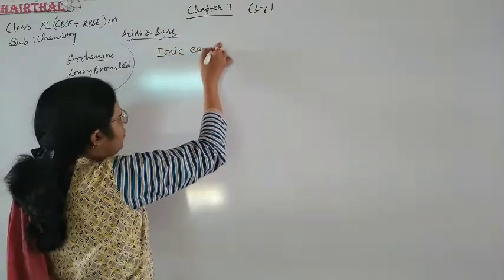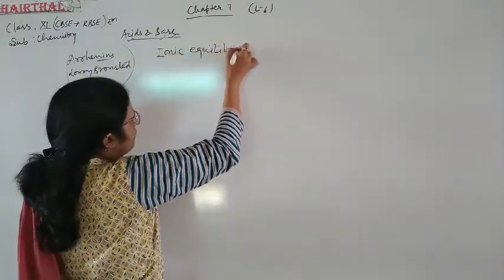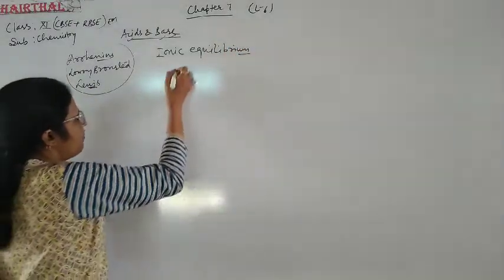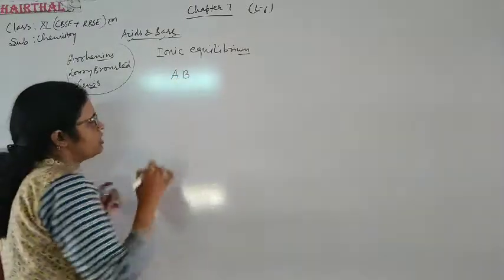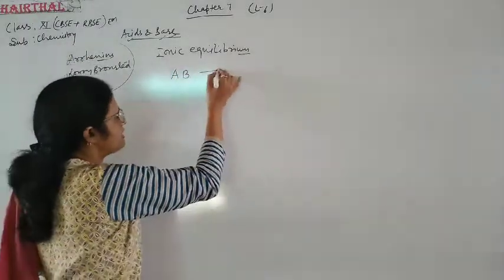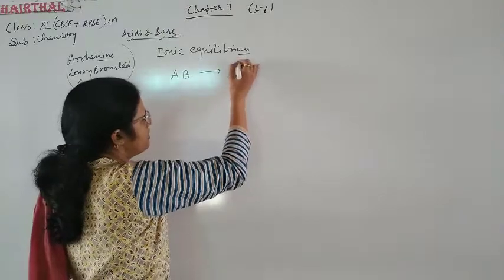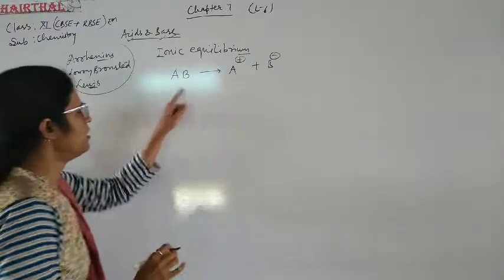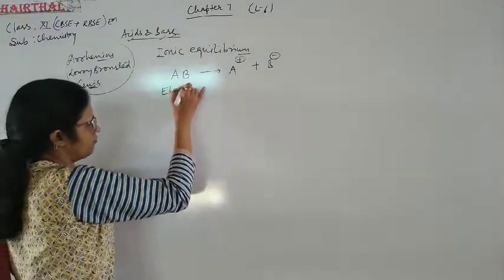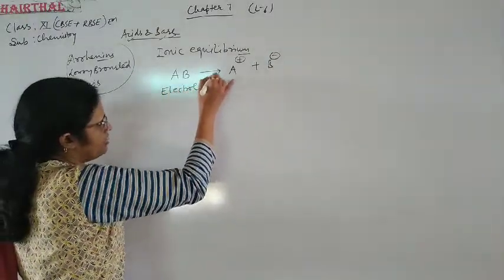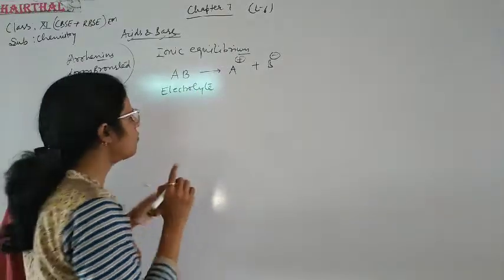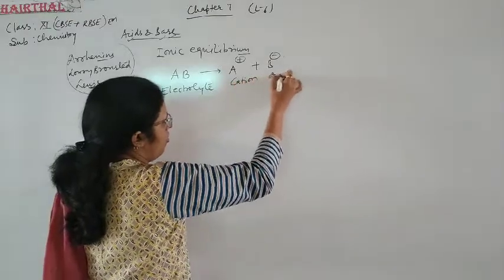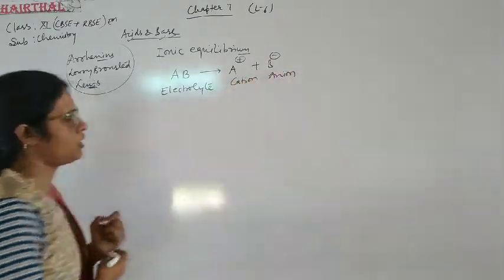What is ionic equilibrium? If an electrolyte, for example AB, ionizes into cation and anion, it is an electrolyte which on ionization or dissociation forms cation and anion.